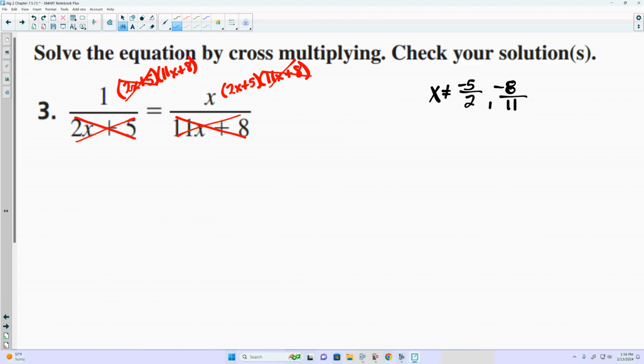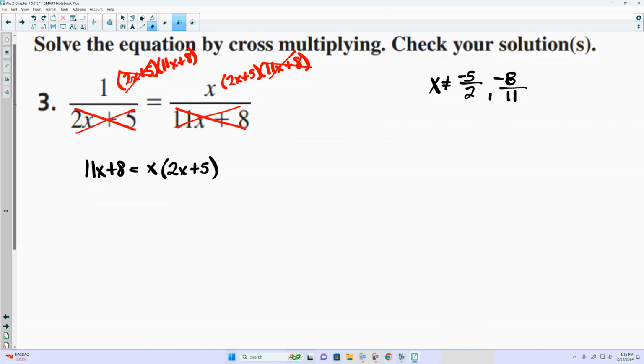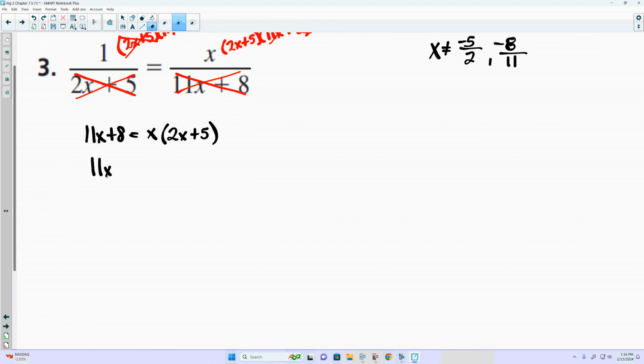Now on the left-hand side, we have 1 times 11x plus 8, which is just going to be 11x plus 8. The other side, we have x times our 2x plus 5. Luckily, the left-hand side is just 11x plus 8 at this point. Here we have to distribute the x. 2x times x is 2x squared plus 5x.